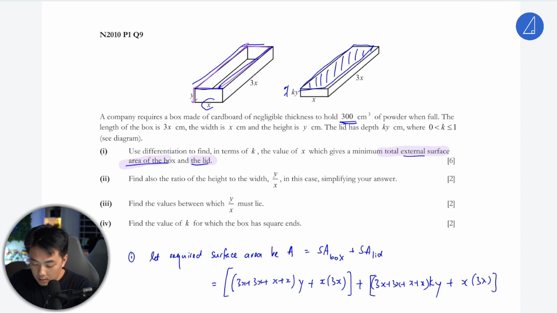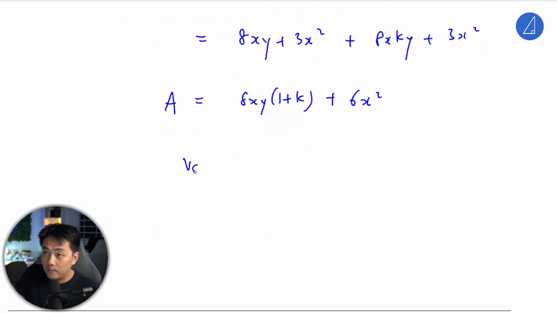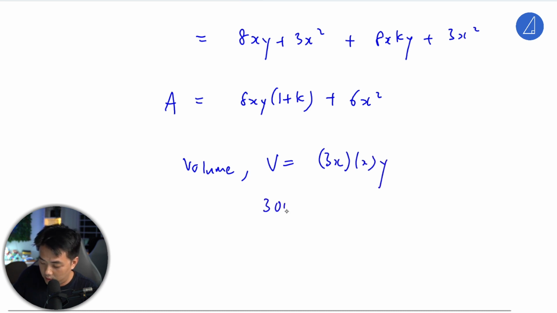So the volume has to be just the box, right? The box has to hold the powder, not the lid. So the volume of the box will be the base area, which is 3x multiplied by x, multiplied by y, which equals 300 cubic centimeters.